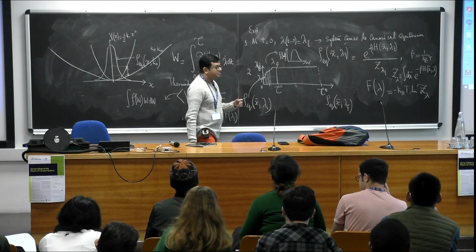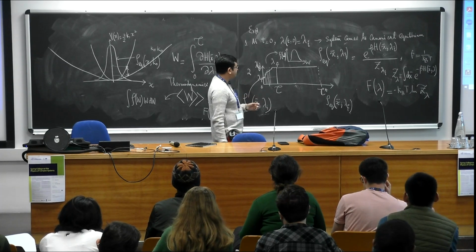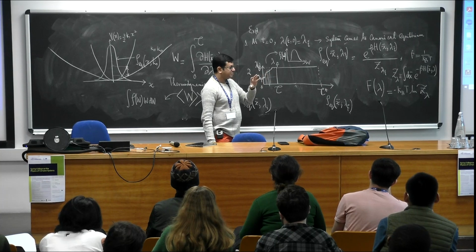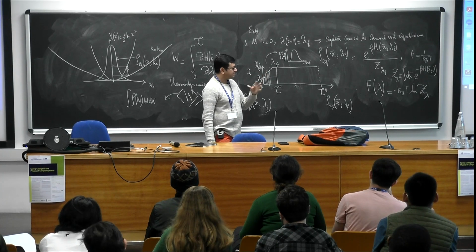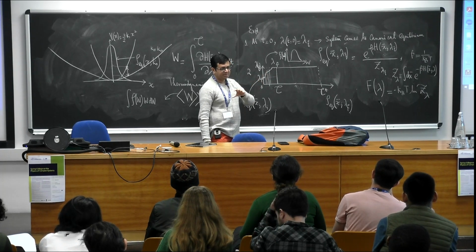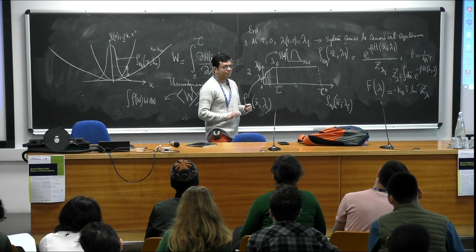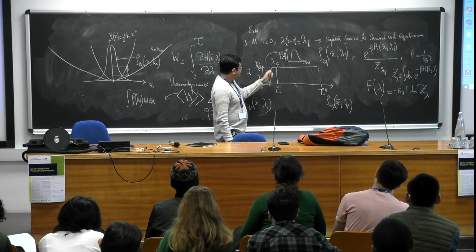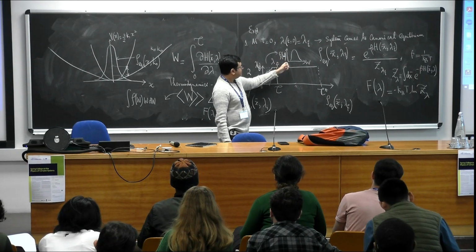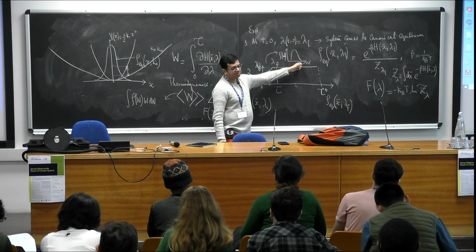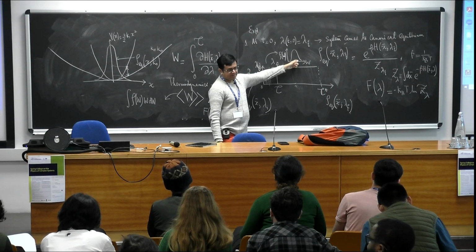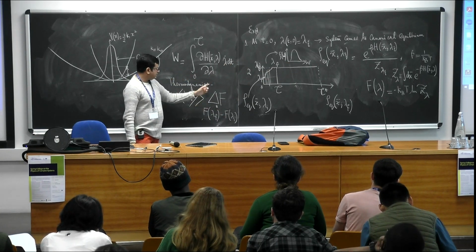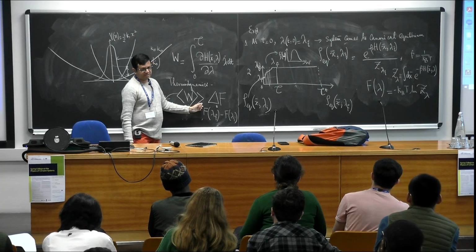But what is changing when I do this experiment over and over again is the dynamics of the system, the degrees of freedom of the system that are in contact with the heat bath, and I don't have control over the degrees of freedom of the heat bath. So every time I do the experiment, I'll get a different value of W. That is to say, I will end up with a probability distribution of W. And so the second law of thermodynamics holds when I apply it to the average.